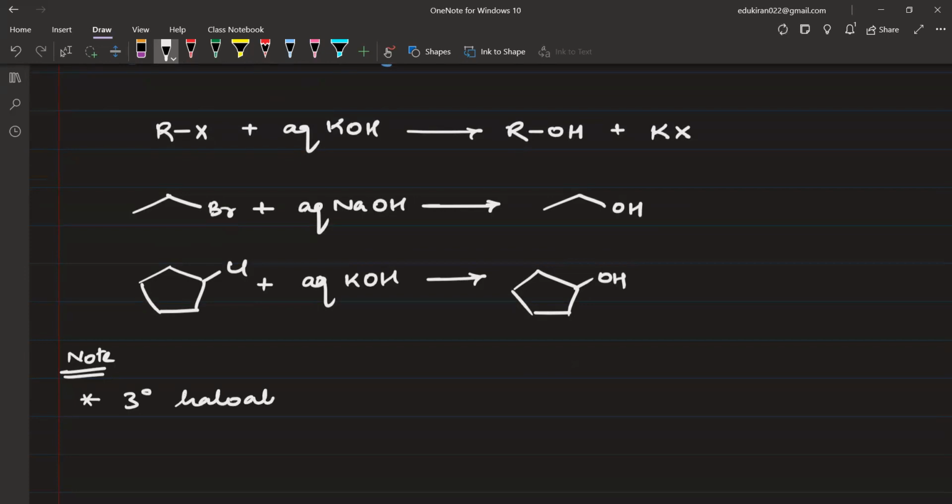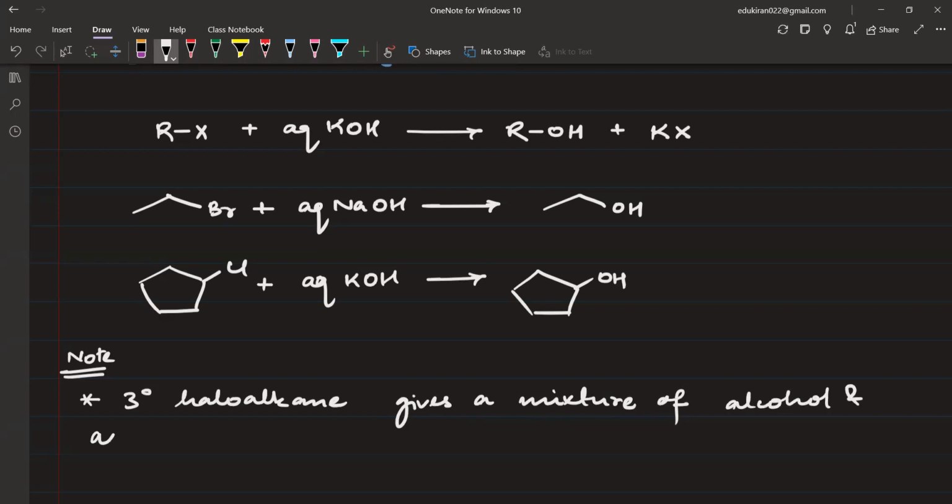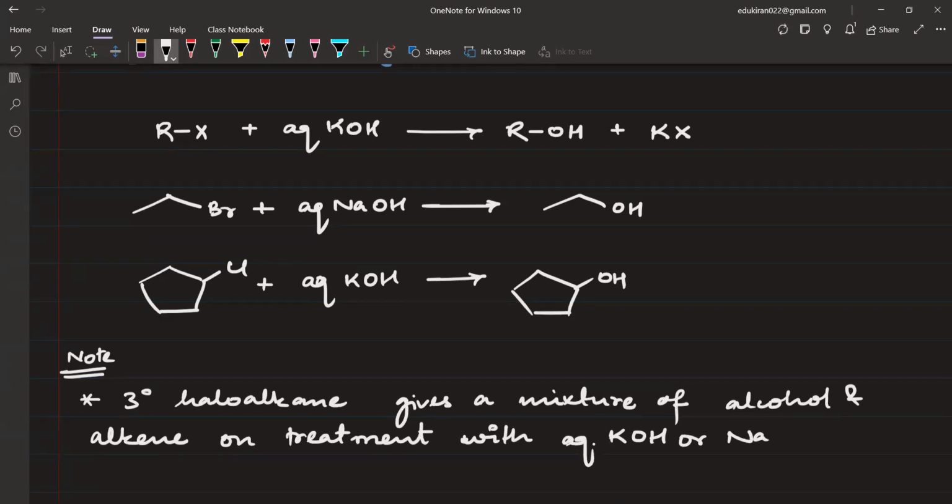Three-degree haloalkane gives a mixture of alcohol and alkene on treatment with aqueous KOH or NaOH, due to its bulky size.